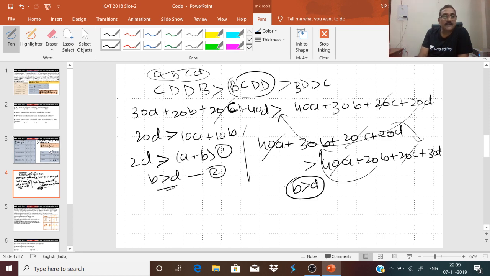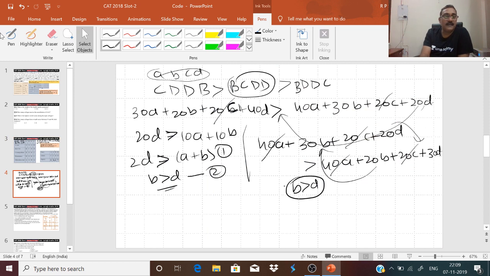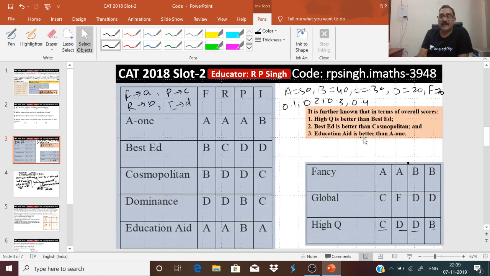Now the third condition, education aid is better than A1. Education aid is AABA. Right guys? AABA is better than A1, that is triple AB.